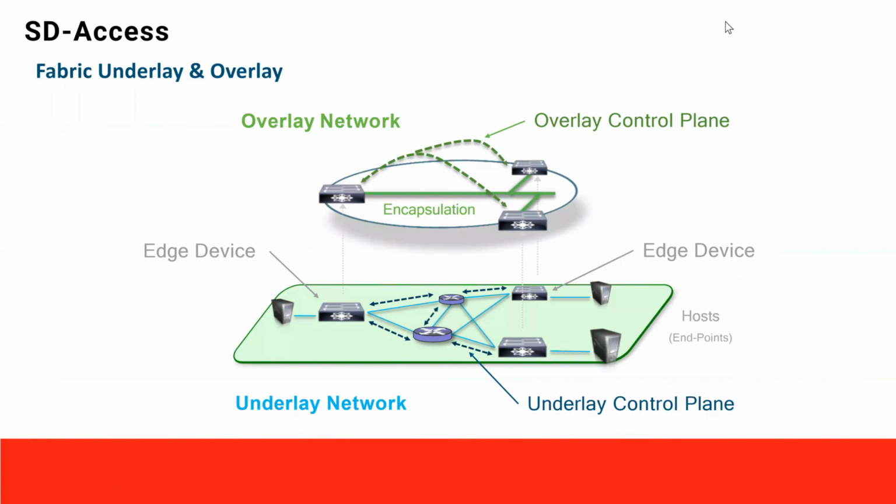So if you see, the edge device is here. These arrows are the underlay control plane, which uses any protocol supported as of now in Cisco SD Access. There are two protocols supported for building the underlay. Underlay is nothing but the basic connectivity and reachability using any supported routing protocol.